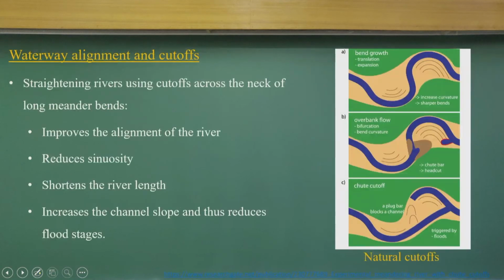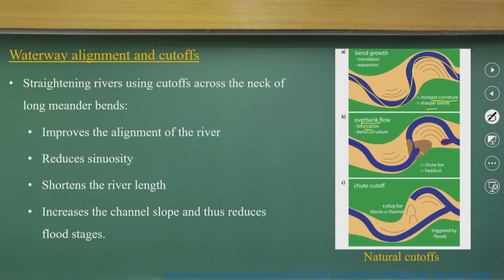Now, let's talk about the basic way, the cutoff. You know from natural cases that when a river has a bend, it increases the curvature and shortens the bends. After certain times, it cannot maintain more shortening of the bend, because overflow happens like this.